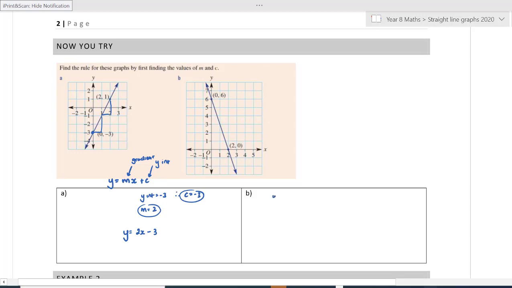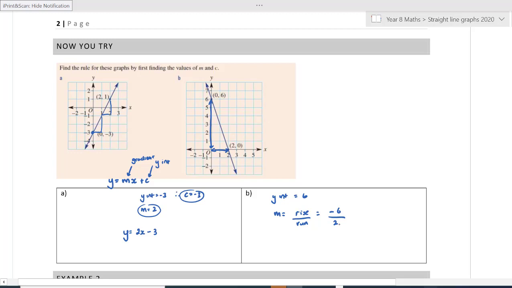Over here, we know that the y-intercept is 6, and the gradient, well, we know it's going to be negative, but let's do it as the rise over the run. Now the rise, it's negative, it's going down. We don't have to go in ones, but if I go down 6 and the run goes across 2, we can use that as well.